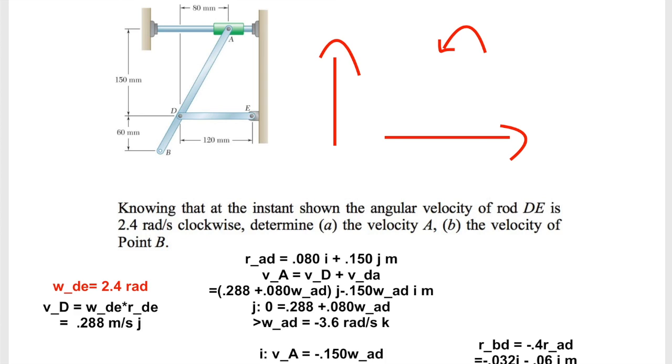We're going to do our velocity of B with respect to D, that equation, plug in what we know, solve it, and then we get 0.457 meters per second, 61.8 degrees going over into the second quadrant.